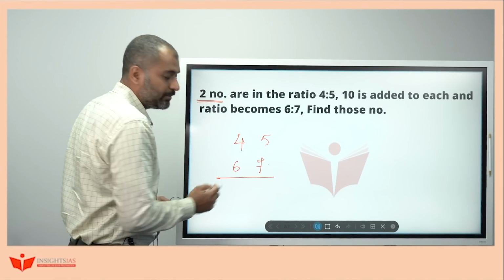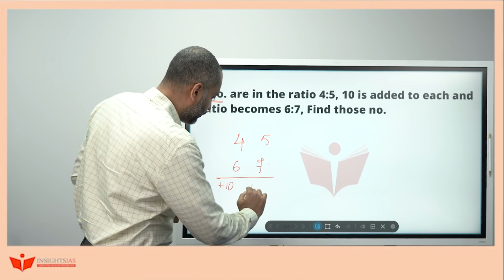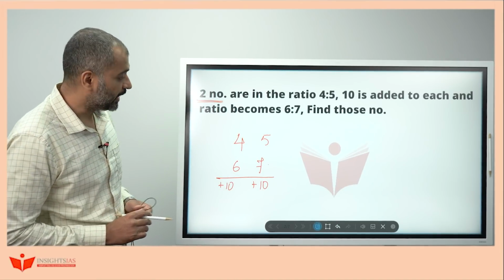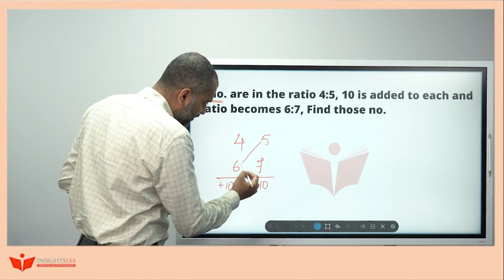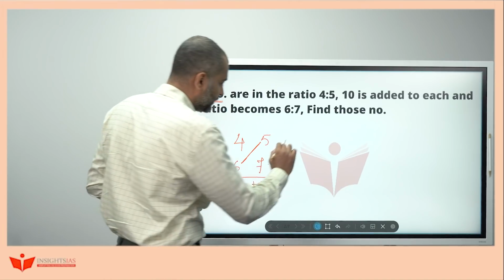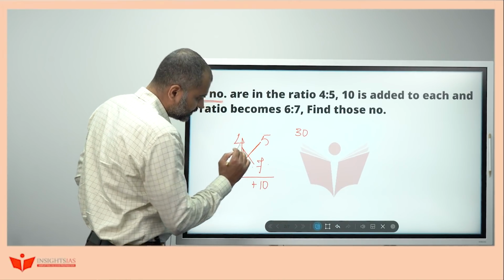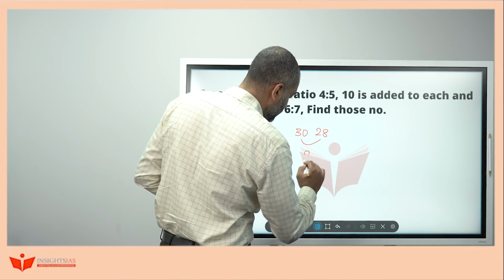4:5 became 6:7 because of the addition of 10 to both numbers 4 and 5, isn't it? Now, look here. Multiply like this. 5 into 6 is 30. 7 into 4 is 28. The difference between these two is 2.